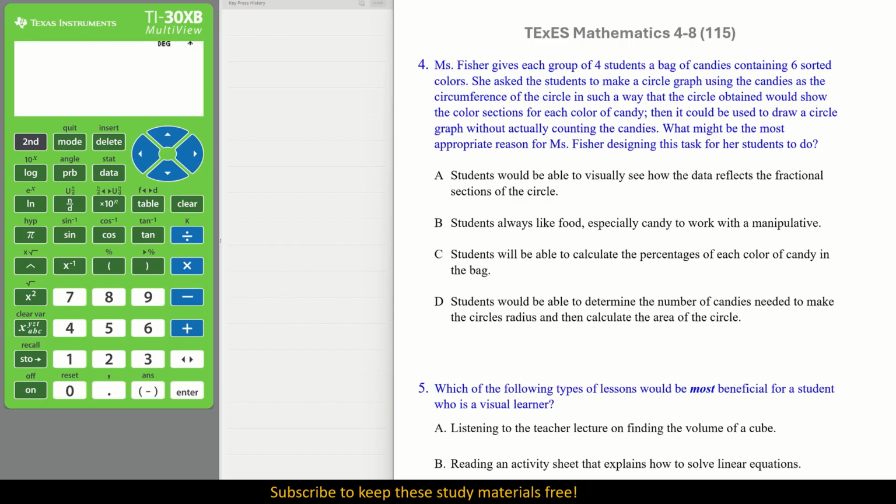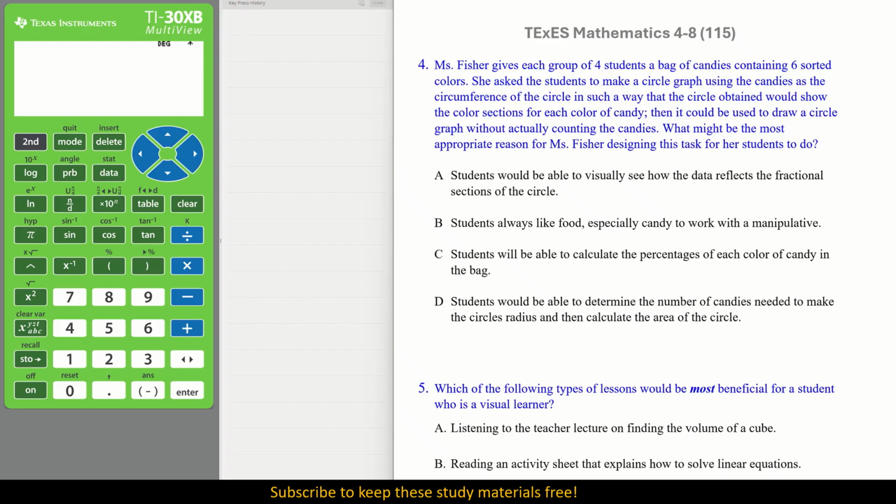Then it could be used to draw a circle graph without actually counting the candies. What might be the most appropriate reason for Miss Fisher designing this task for her students to do?